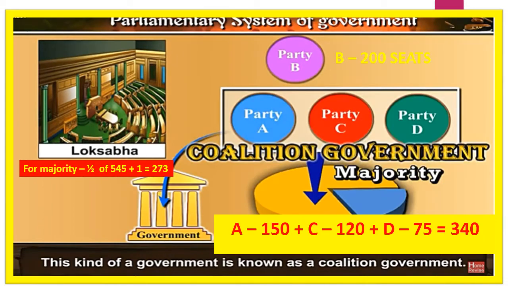So in such a condition, other parties will get together, like party A, C and D will get together, and their total will be 340. Now together they will form a government because they have already got the magic number of more than 273, and when 3 or more parties join together, that kind of government is called a coalition government.